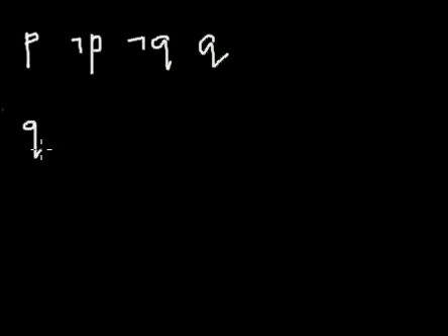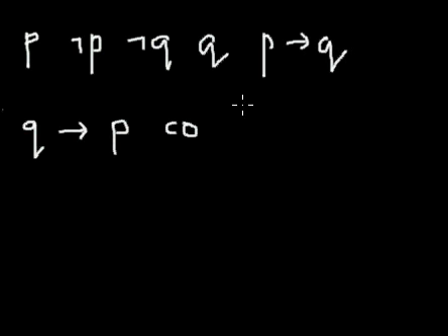Suppose that we have variable P, we have not P, which is negation of P, we have not Q and Q. The statement Q implies P is called the converse of implication P implies Q. It's the same thing, but the form is different.